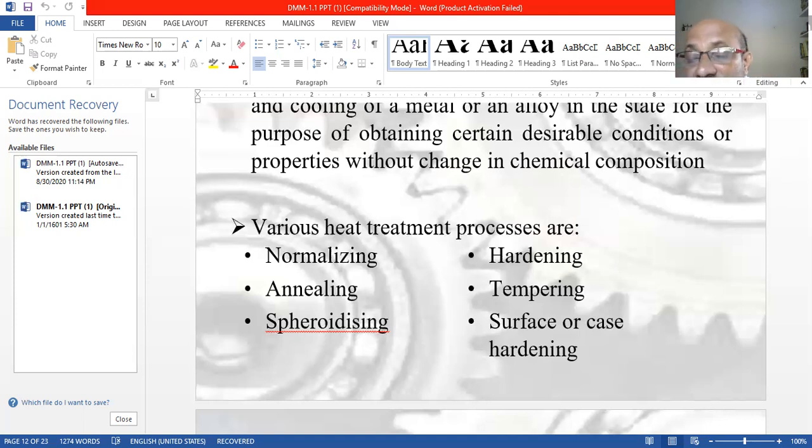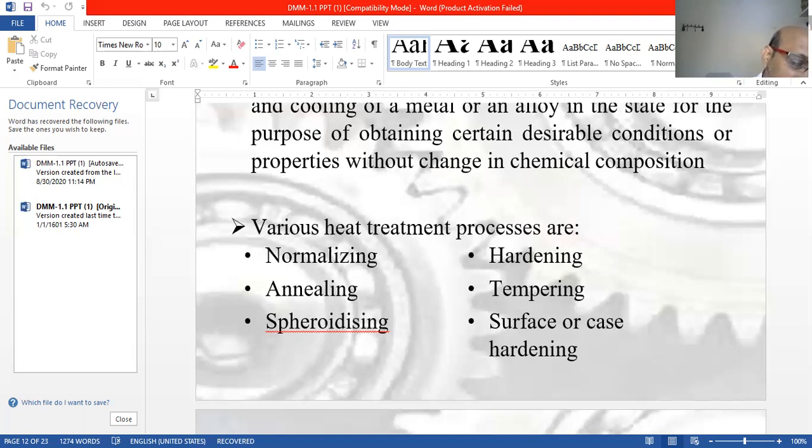Earlier, in normalizing, annealing or spheroidizing, you take about 730 to 770 degrees, the maximum critical temperatures we reached there. This is the higher critical temperature. In the hardening process we can heat up to 1300 degrees centigrade, whereas the general starting temperature is 50 degrees centigrade above the critical, for hardness and removal of stresses.